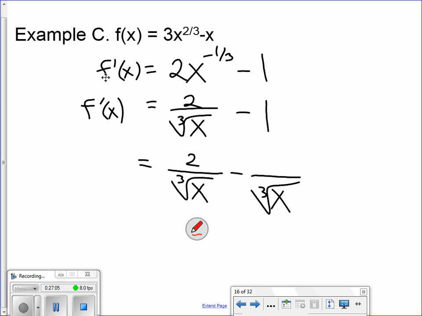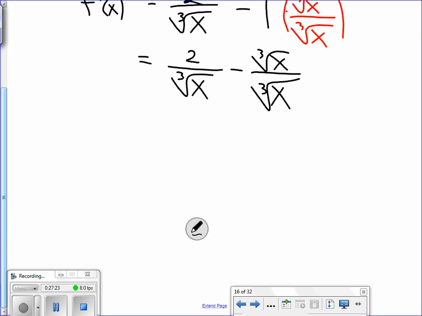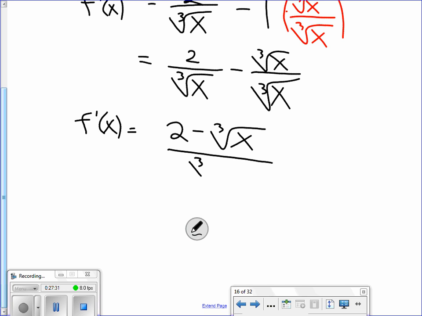What you do is you multiply by the cube root of x over the cube root of x, right? So it's 1. You probably didn't have to do that for this one. It is a little silly, but I want you to see it. Now they have a common denominator, you can combine them. So our derivative is equal to 2 minus the cube root of x over the cube root of x.